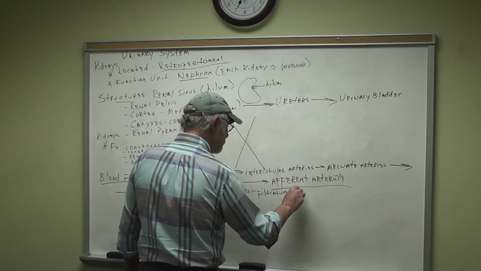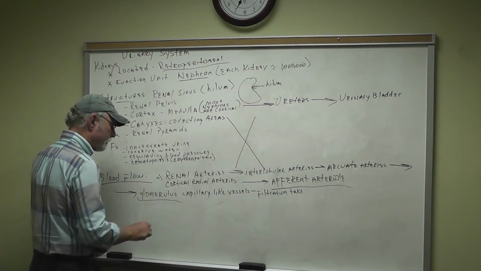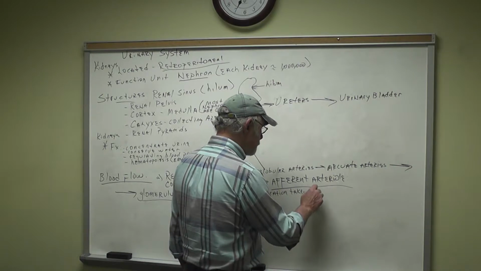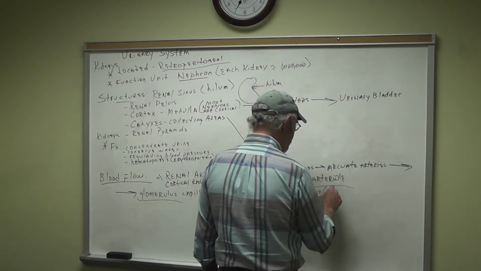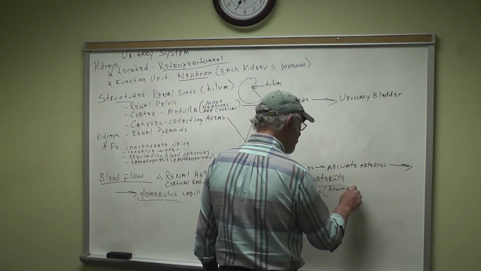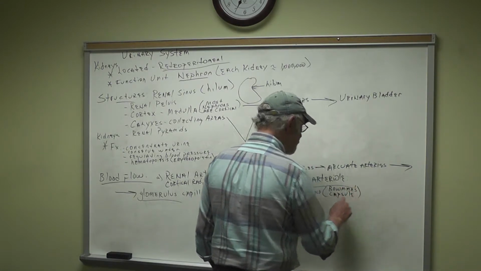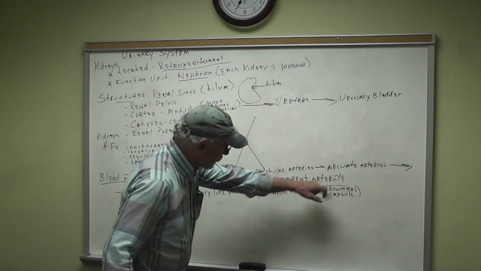Now these glomeruli, for plural, are located within a structure known as the glomerular capsule, or I guess Bowman was the guy, Bowman's capsule. So what happens is the blood comes into the afferent arteriole.